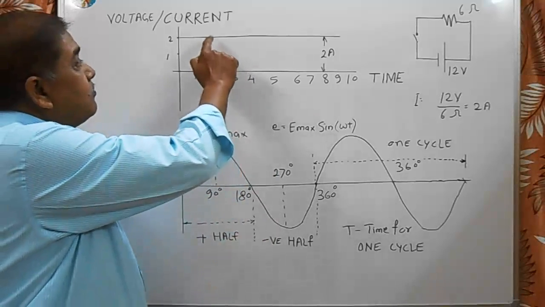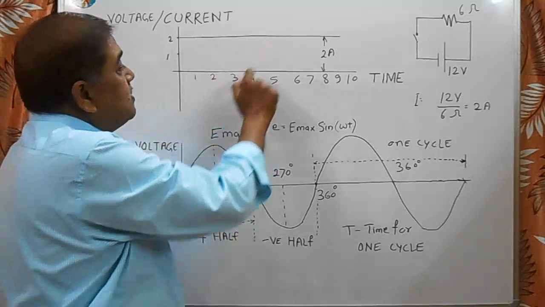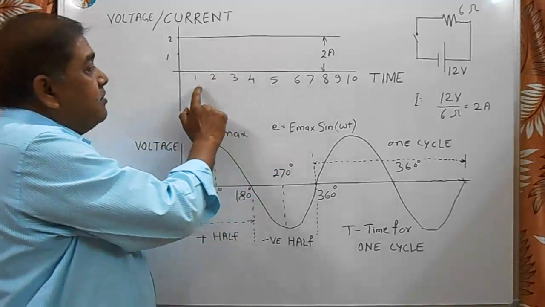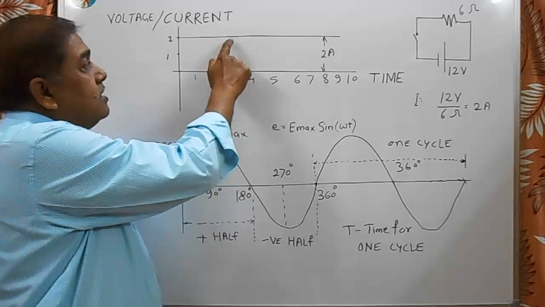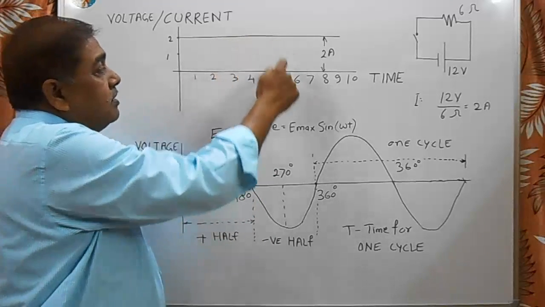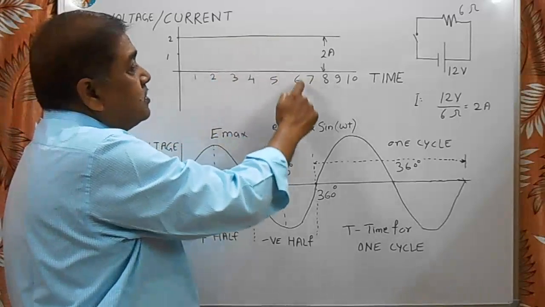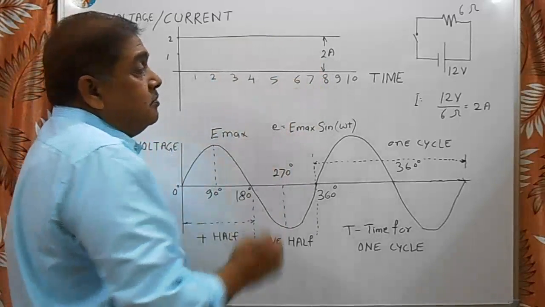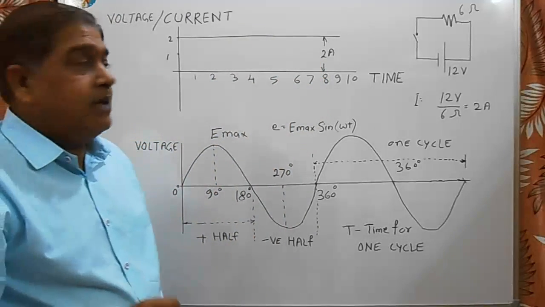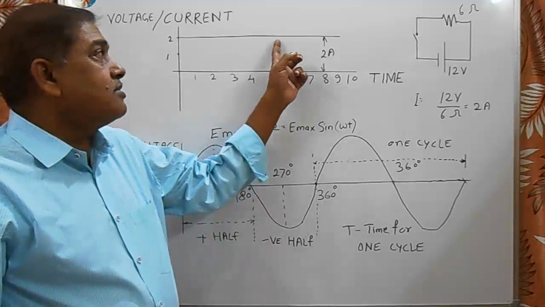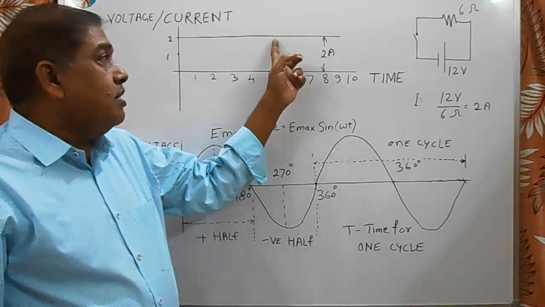Means the value of current is always 2 ampere irrespective of time. At 5 second, current is 2 ampere, at 6 second, current is 2 ampere. For any value of time, the current is always constant, that is 2 ampere.